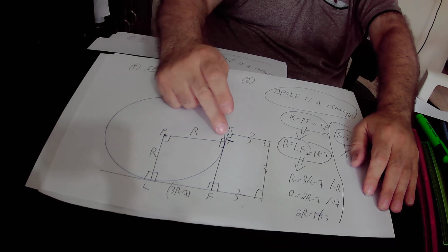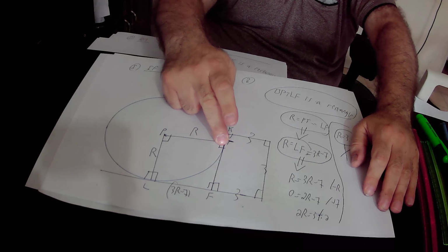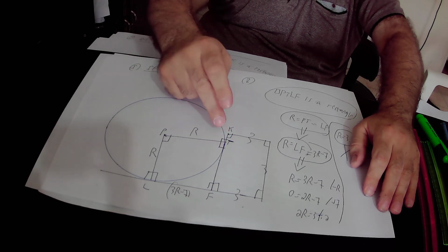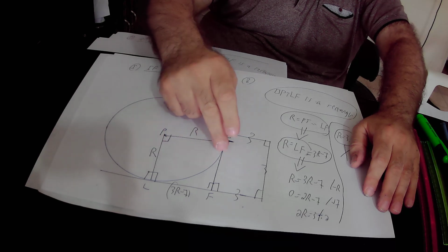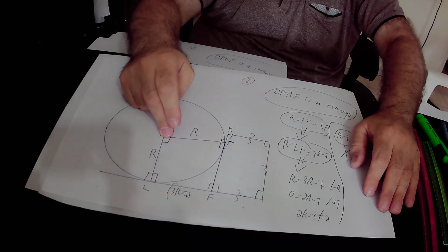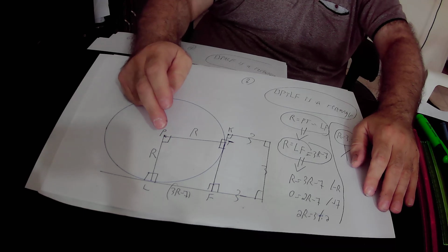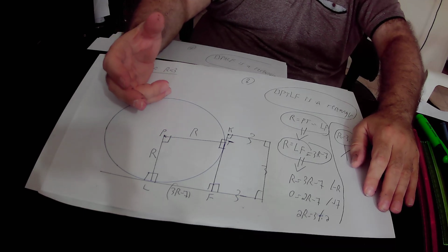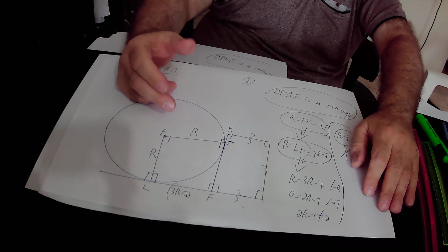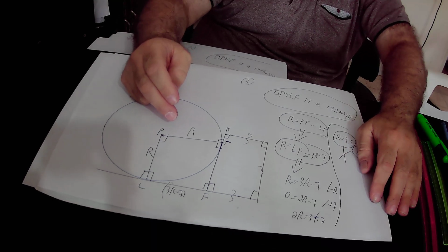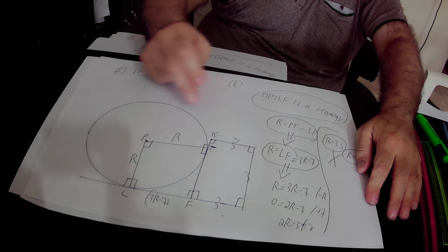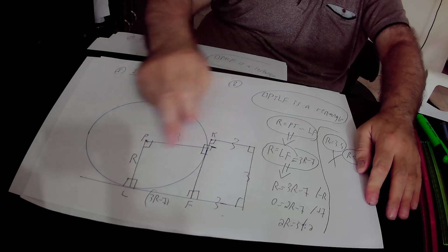The radius is drawn to the point of tangency, therefore this angle equals 90 degrees. So in quadrilateral PTLF we have 1, 2, 3 right angles, therefore the fourth angle must also be equal to 90 degrees. So quadrilateral PTLF that has 4 right angles is a rectangle, and we know that the opposite sides of a rectangle are equal to each other. That is to say, PT equals LF.